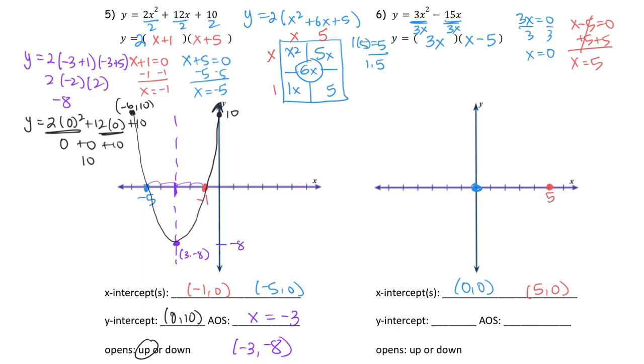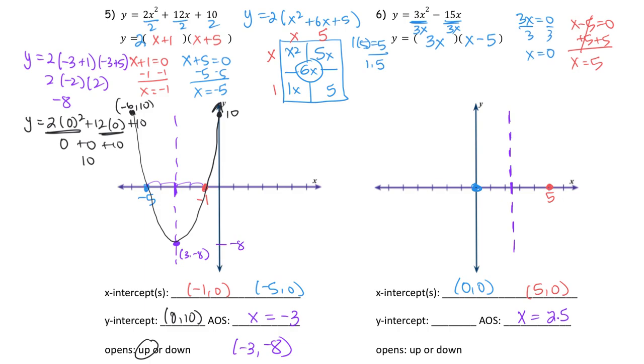And I know that my axis of symmetry has to be halfway between. And this is the first one we've had this way, but we don't have a whole number. We're dividing 5 by 2, and that gives us 2.5. And that is okay for that to happen. So my axis of symmetry is just x equals 2.5.